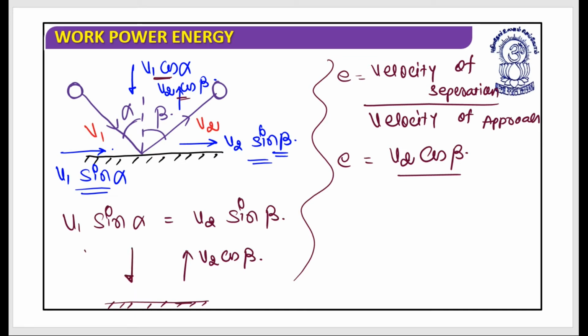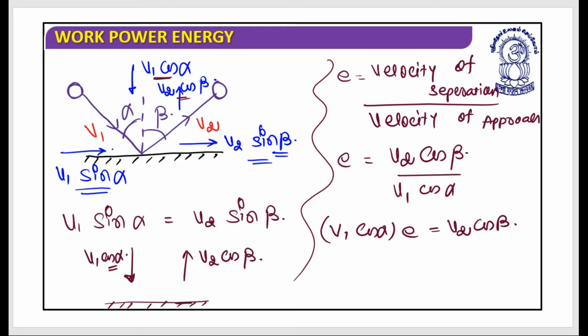And this component, v1 cos alpha, is going towards the colliding body. So that is the velocity of approach. So this is v2 cos beta, and this is v1 cos alpha. So we can write v1 cos alpha into e should be equal to v2 cos beta.